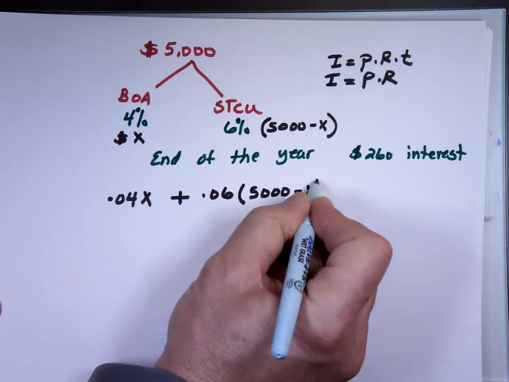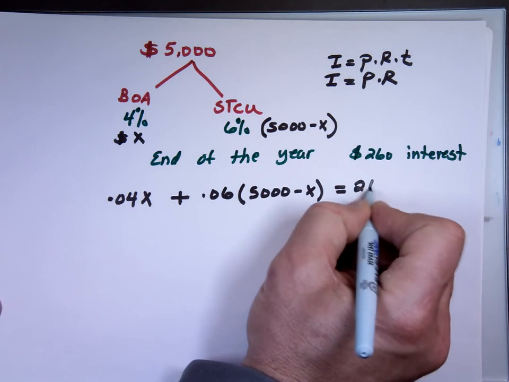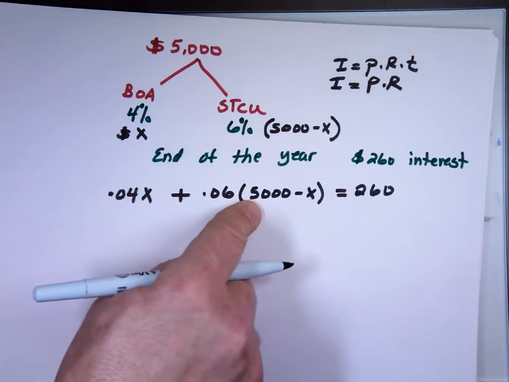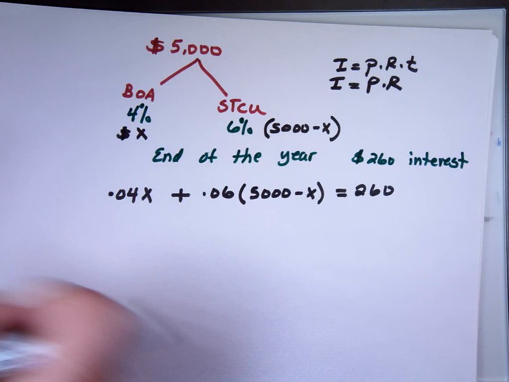And you want all of that to equal what? $260. The interest from Bank of America plus the interest from Springfield Teacher Credit Union, if you add them, you want it to be $260. So that becomes my equation.